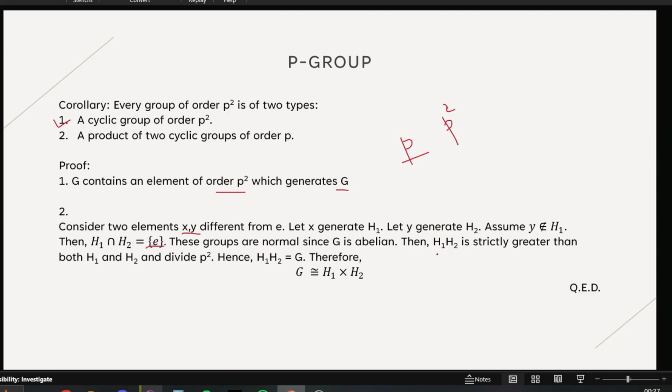Their product must be strictly greater than H1 and H2, because it has both elements from H1 as well as H2, and it can be at most P square. So the order must divide P square. So the product H1 H2 is isomorphic to G. So it is a product of two cyclic groups of order P.